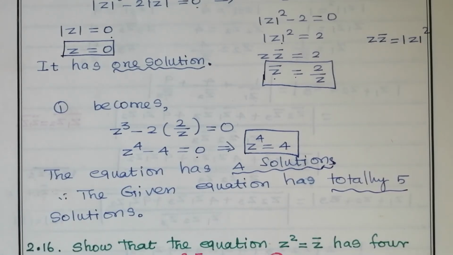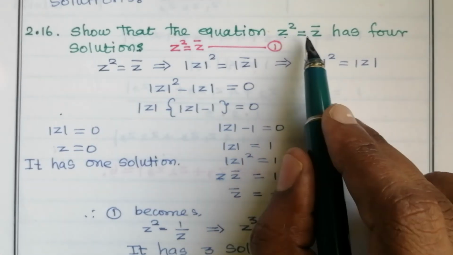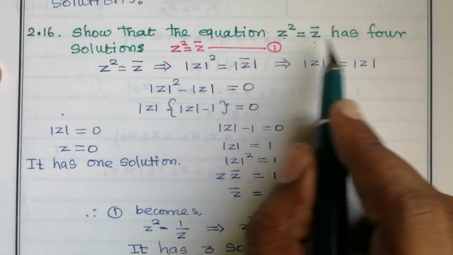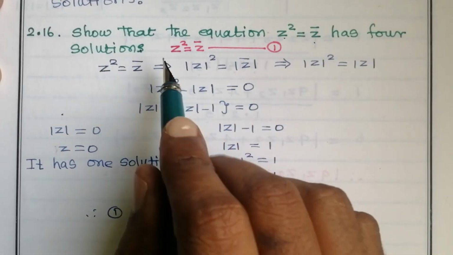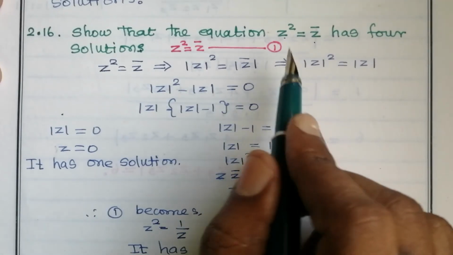Okay, the next one. Show that the equation Z square equals Z bar has 4 solutions. Now Z square equals Z bar, the given equation.